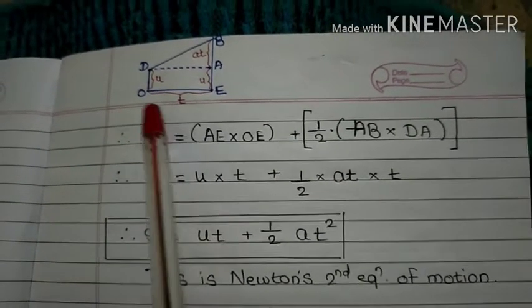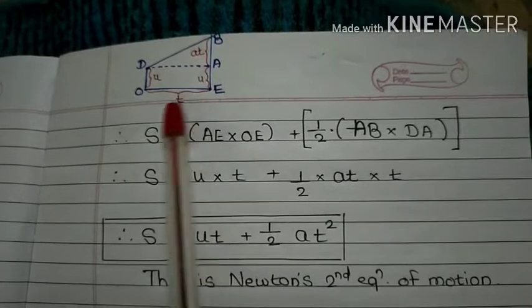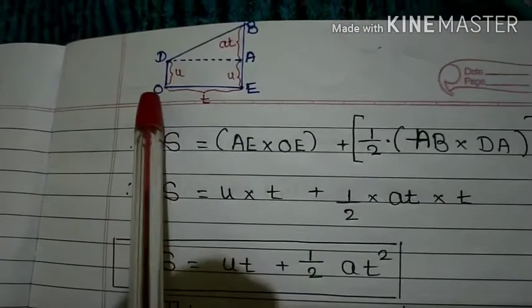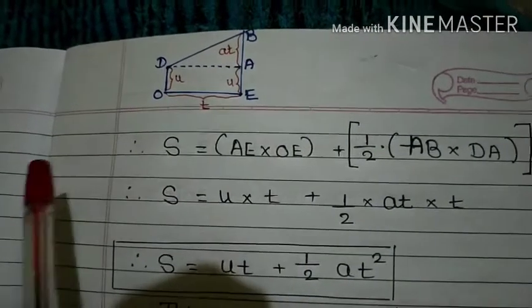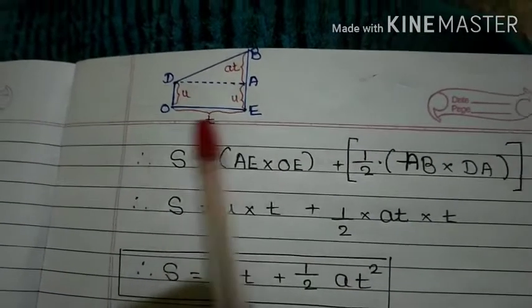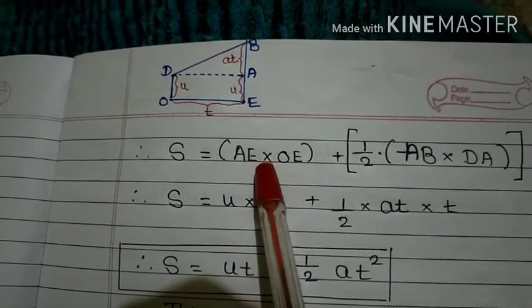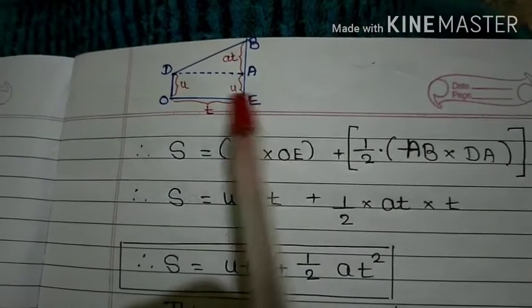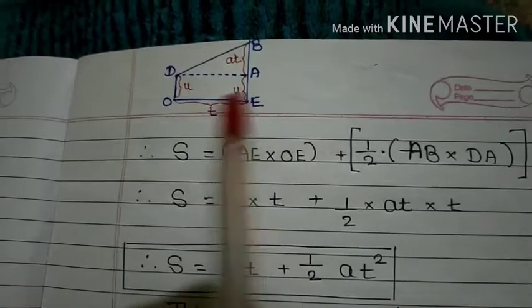Now, if I am considering this as the length of this rectangle DOEA, then in this diagram, AE is the width and OE is the length.